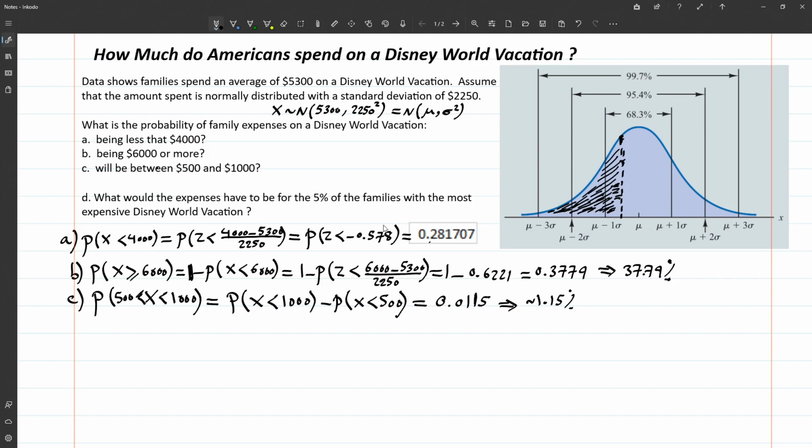Imagine I want to know the expense value such that above that point, the area under the curve is 5%. That represents 5% of families.